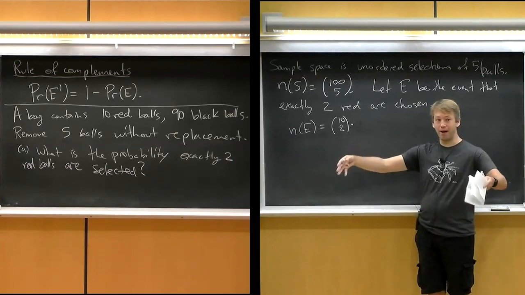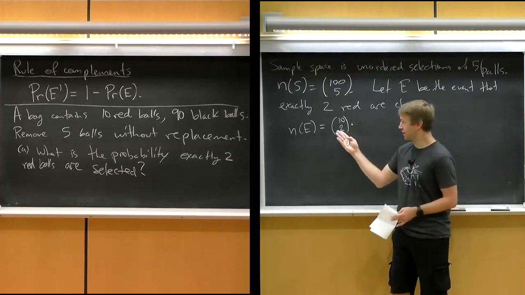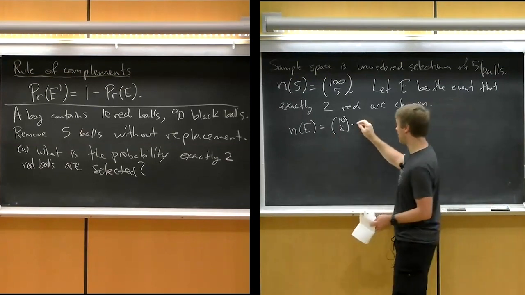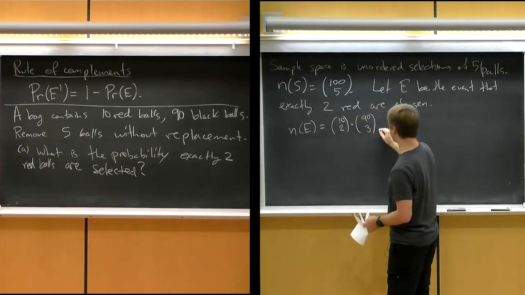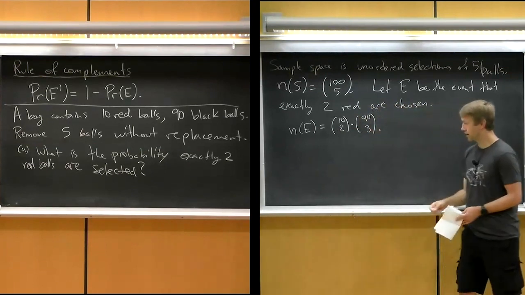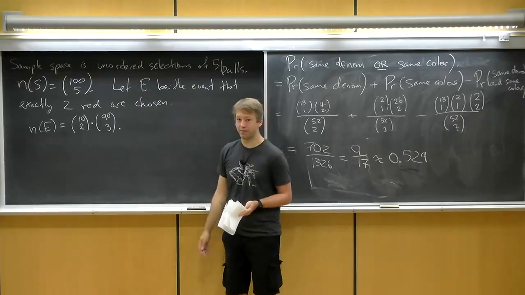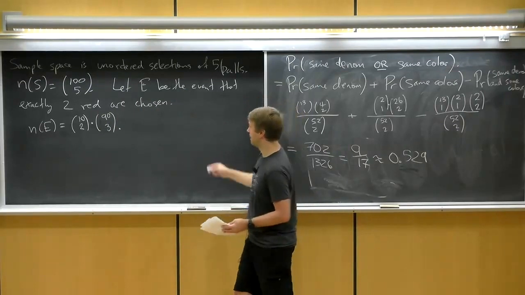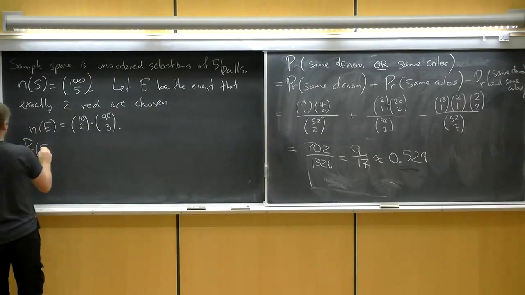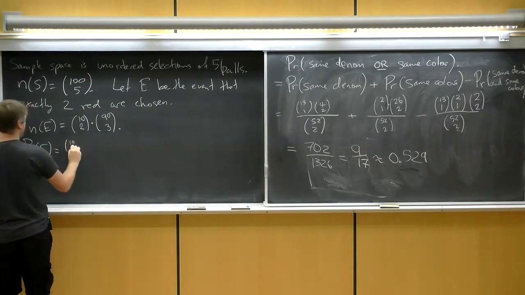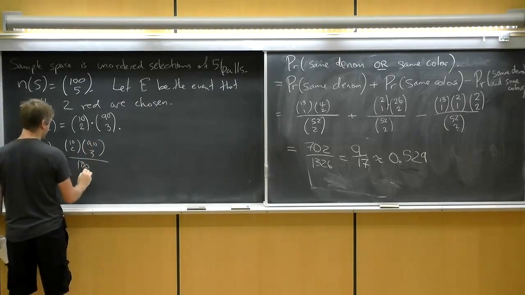I'm supposed to be picking 5 balls in total. So just as you said, you want to pick 2 reds, and then after that, pick 3 blacks, right? And that's going to give me a selection of 5 balls, which makes sense for my sample space. So the probability of E is just 10 choose 2 times 90 choose 3, over 100 choose 5.